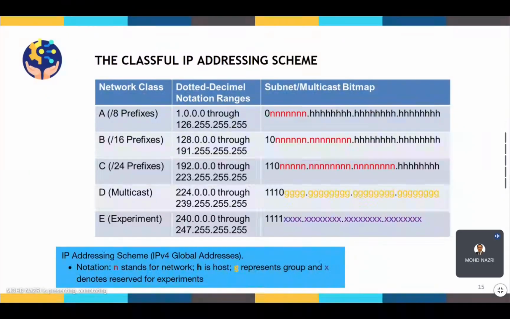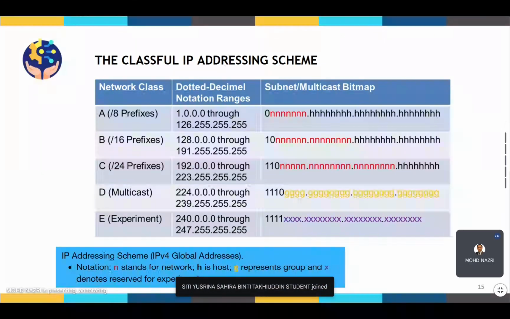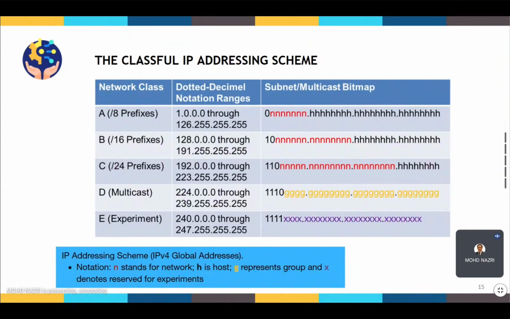Sometimes your loopback is 169 dot something. Let's say you want to connect Wi-Fi but you cannot get an IP address. What happens? Your PC will show 169 something. That is also loopback.